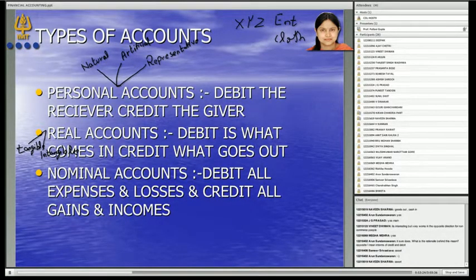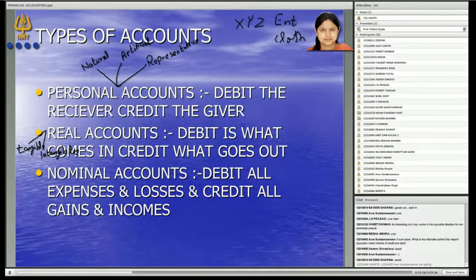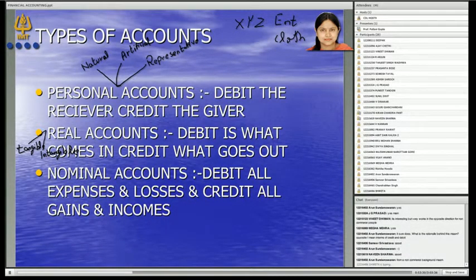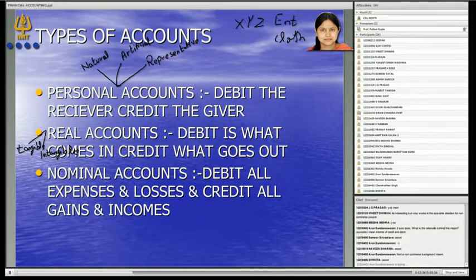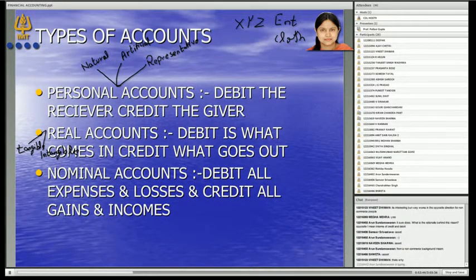Yes, asset, when an asset is coming in, you need to debit. No, I am from a commerce background only. Commerce, now I can say commerce is in my blood.